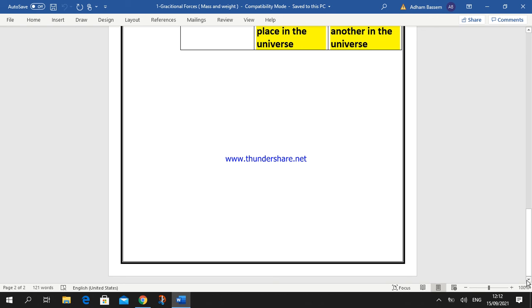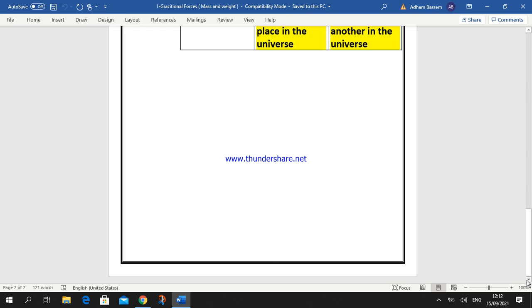And also the last factor, the distance between the object and the center of the Earth. If the distance between the object and the center of the Earth increases, the gravitational force will decrease and your weight will decrease also, okay?